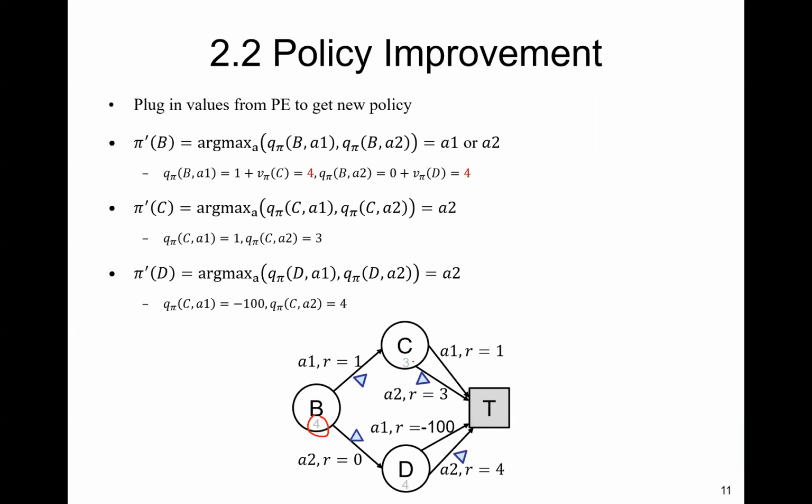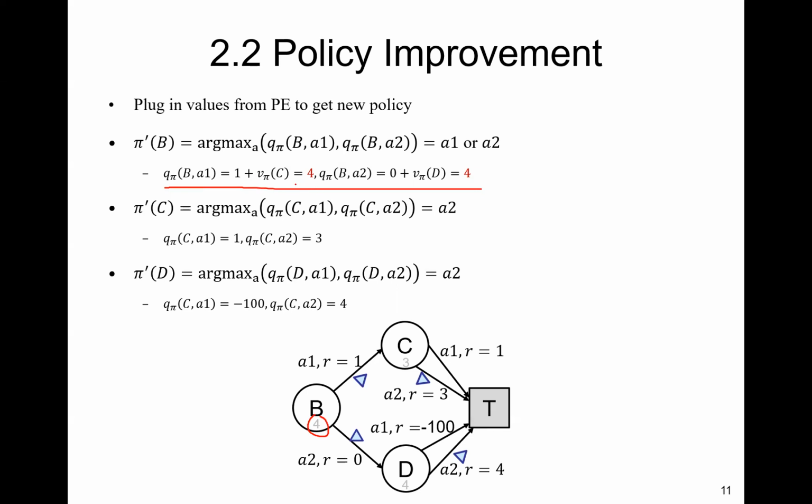So now you plug in the values to get the new Q values, and you take argmax and get the greedy action based on the Q values you computed in the policy evaluation step.